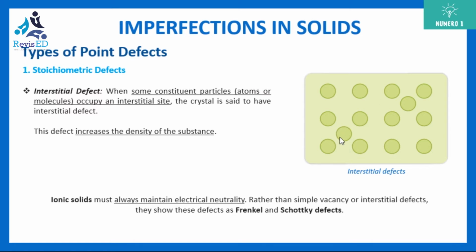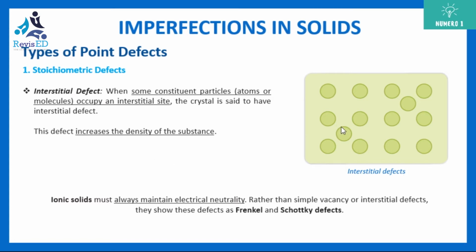If you see that this sphere is extra, this here is extra, these spheres are occupying the interstitial sites. This open space here is your interstitial site, same as this one. Some atoms or ions occupy this interstitial site. Since more atoms are present in a given volume, the density of the substance increases. So this is your interstitial defect.